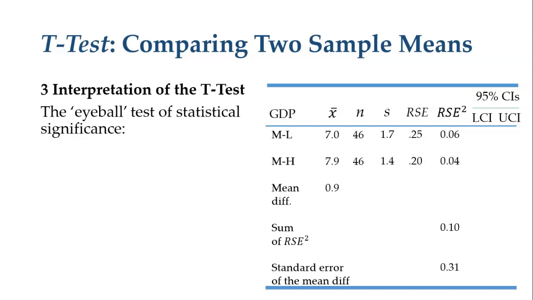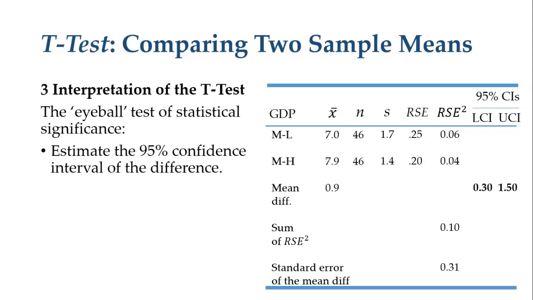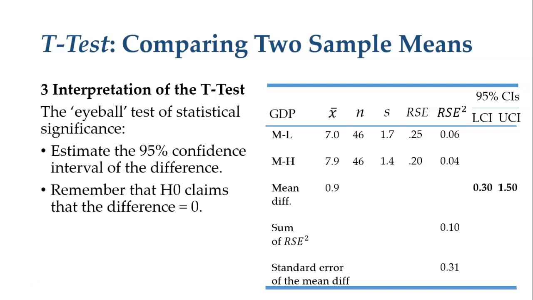The final way to interpret the t-test, or to conduct a significance test of two-sample means comparison, is the eyeball test of statistical significance. And again, you use here the confidence intervals. You estimate the confidence intervals of the mean difference. And remember that the null hypothesis says that the mean difference in this case is actually 0.